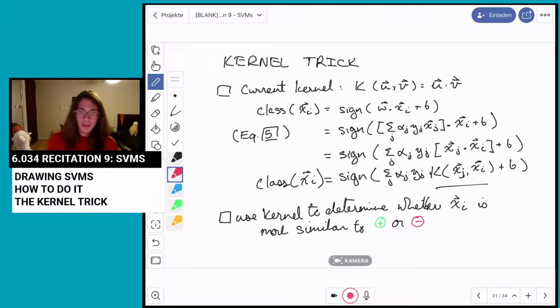So we're just comparing it. And that's what a kernel function is. It's a similarity measure.